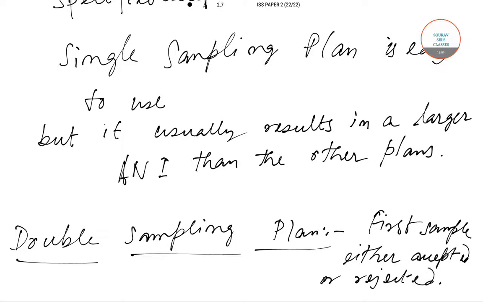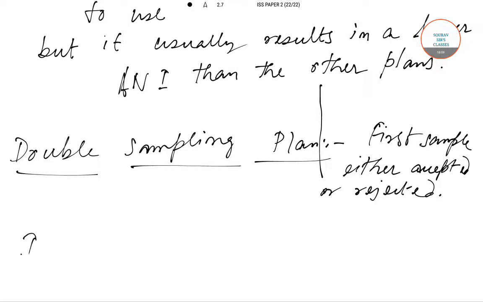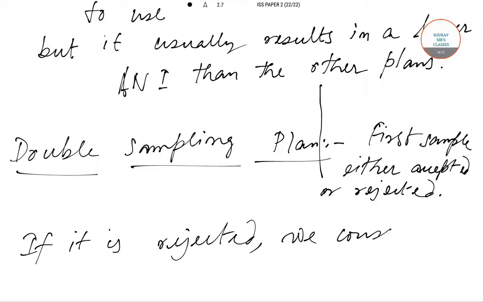Now, if it is rejected, then we consider another sample. And depending on that, we decide if we need to accept or reject the lot.